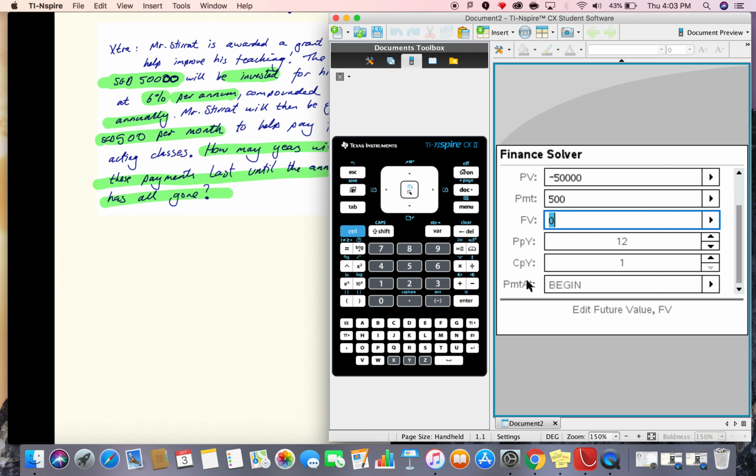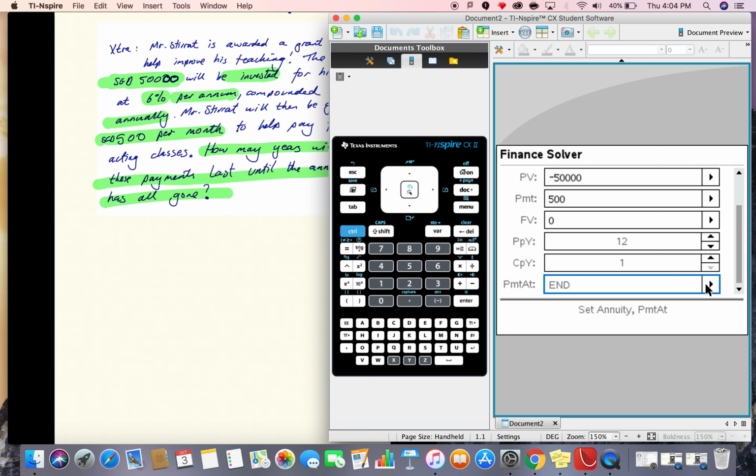And for the payment, we want to know when we might get paid this investment. Usually these investments are when you invest, you get some money back after a certain time frame. So usually this is set at the end. If you're paying back loans as well, it'll be the end.